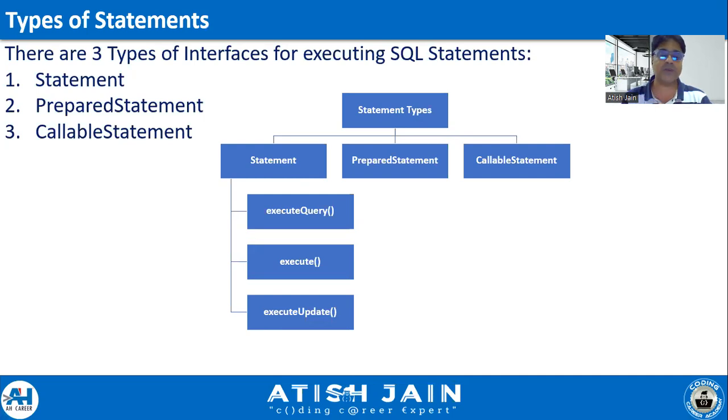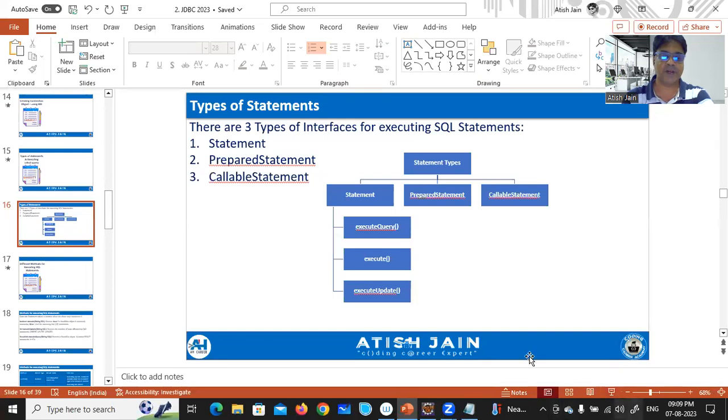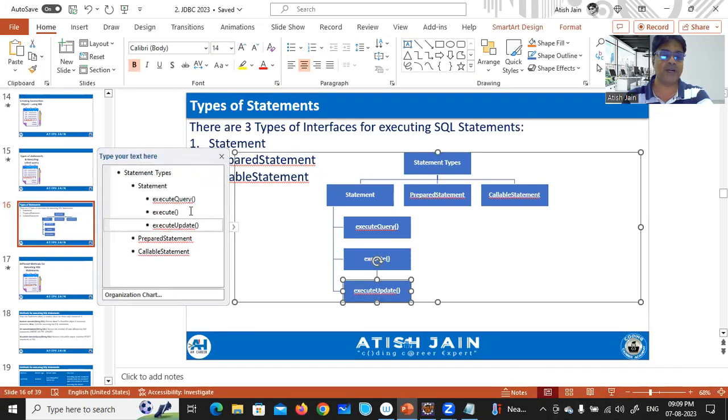We have worked with the Statement interface in a couple of sessions, but now I want to tell you clearly that the Statement interface contains many methods, and we'll focus on three important ones now. One is executeQuery, which is mainly used for executing select statements. Next we have executeUpdate, which I think you're aware of. So I'll keep executeUpdate in the second position.